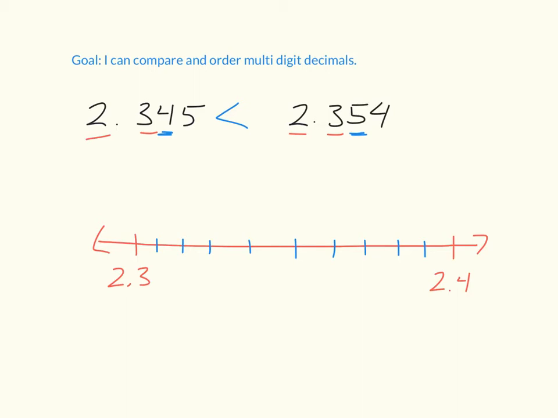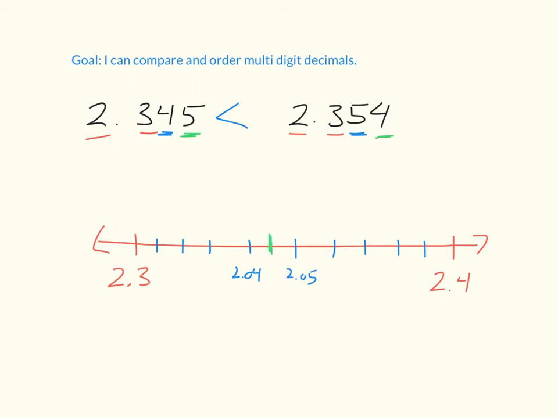So finally, we look at our last digit here to figure out where these go on our number line. And since we know we're going to be in between, for our first number, 4 hundredths and 5 hundredths, because there's 5 thousandths there, 5 thousandths is right in between our 2 and 4 hundredths and our 2 and 5 hundredths.